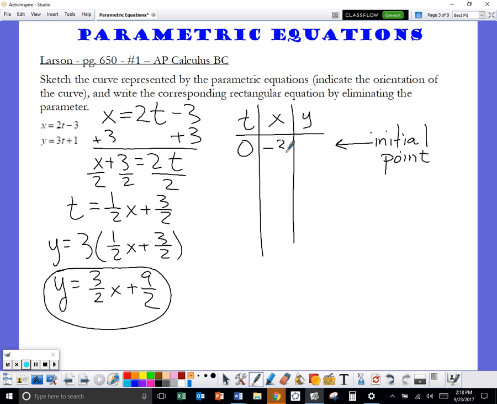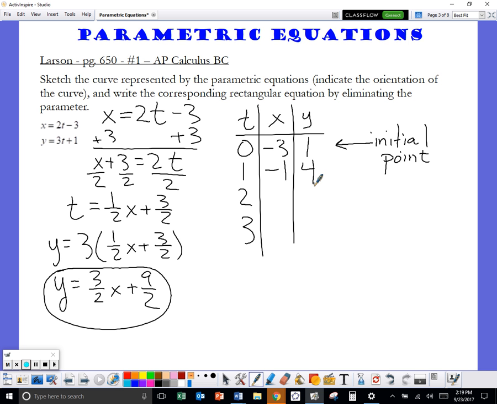We get negative 3 for the x, and we get 1 for our y. Plugging in 1, 2, and 3 separately. Plugging in 1, we get 2 times 1 is 2, minus 3, negative 1. Plugging in 1 into the y equation, we get 3 times 1 is 3 plus 1 is 4.